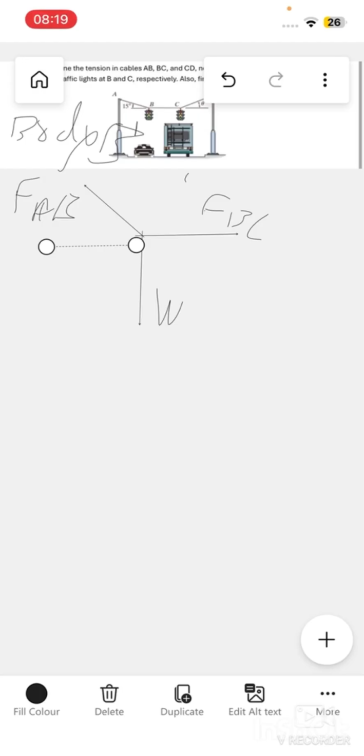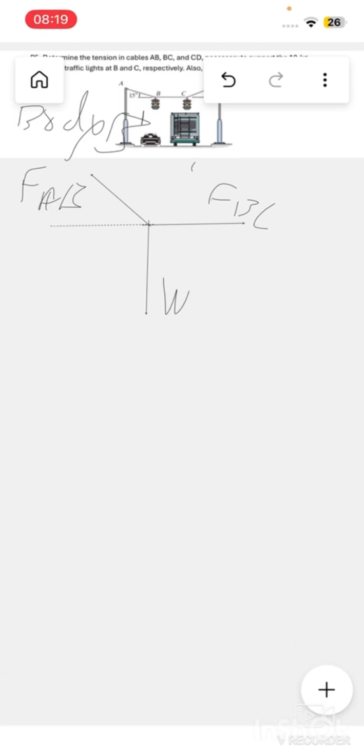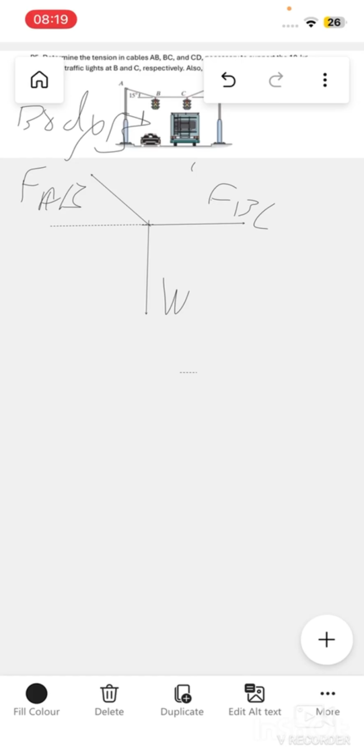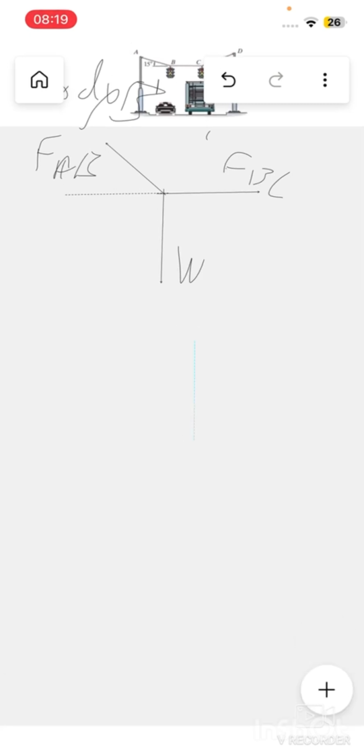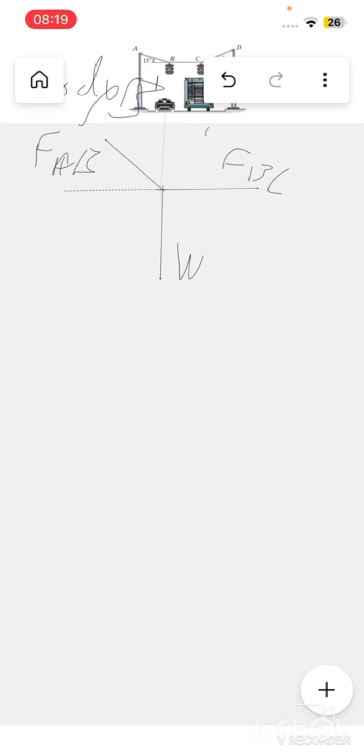I need to show our components, because without components we're going to see ghosts. Sorry, this is the horizontal component. We need to show our vertical component. Our vertical component is going to be like this one. I think it's fine like this.